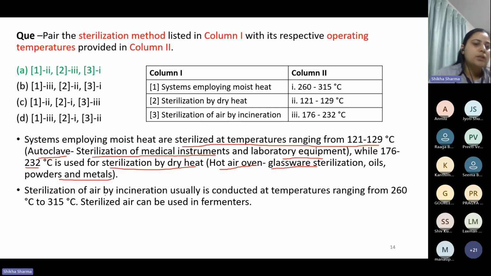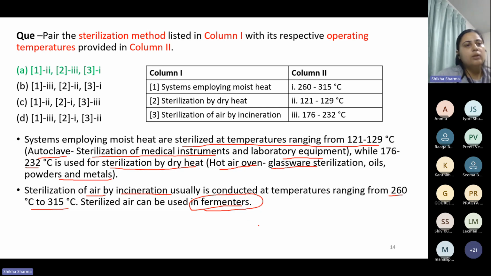And sterilization of the air by the incineration method is conducted at the temperature 260 degrees Celsius to 315 degrees Celsius. And these sterilized airs, after the sterilization of the air, they can go in the fermenters, where we grow the microorganism.